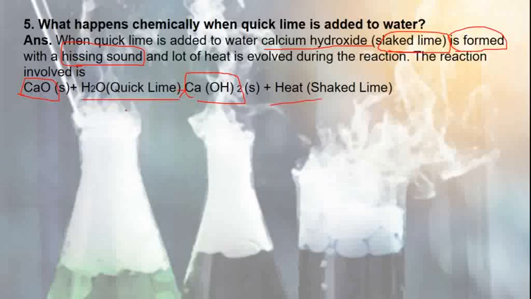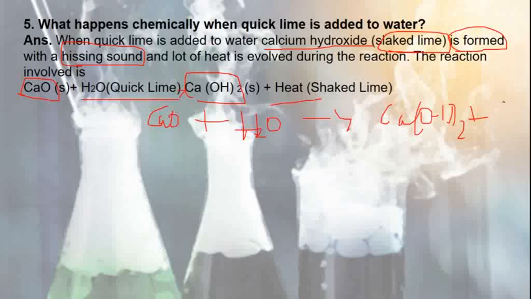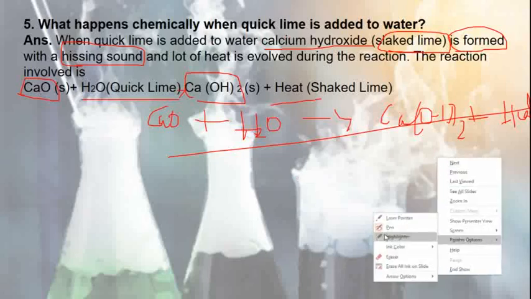This is the reaction when quicklime is added to water: CaO plus H2O, when it is reacted, gives Ca(OH)2 plus an enormous amount of heat released. This is the reaction for quicklime when it is reacted with water. So let us move to the next question.